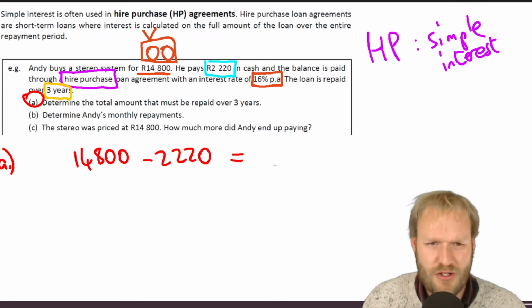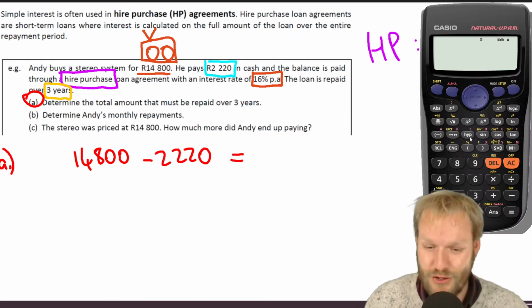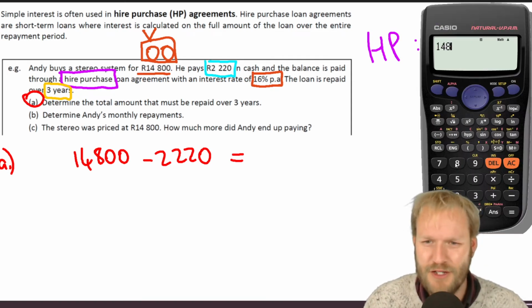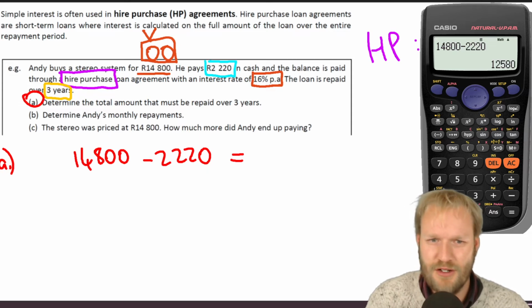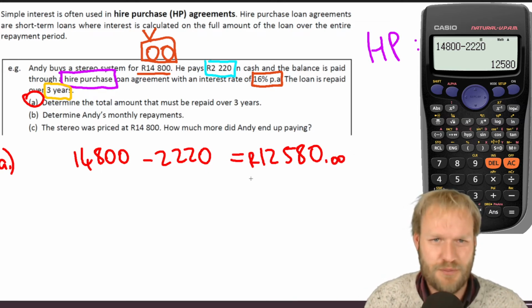So that's how much Andy needs to borrow. So calculator to the rescue. There we go. And we've got 14,800 minus 2,220 equals 12,580. Okay, so that's how much needs to be borrowed on the hire purchase.